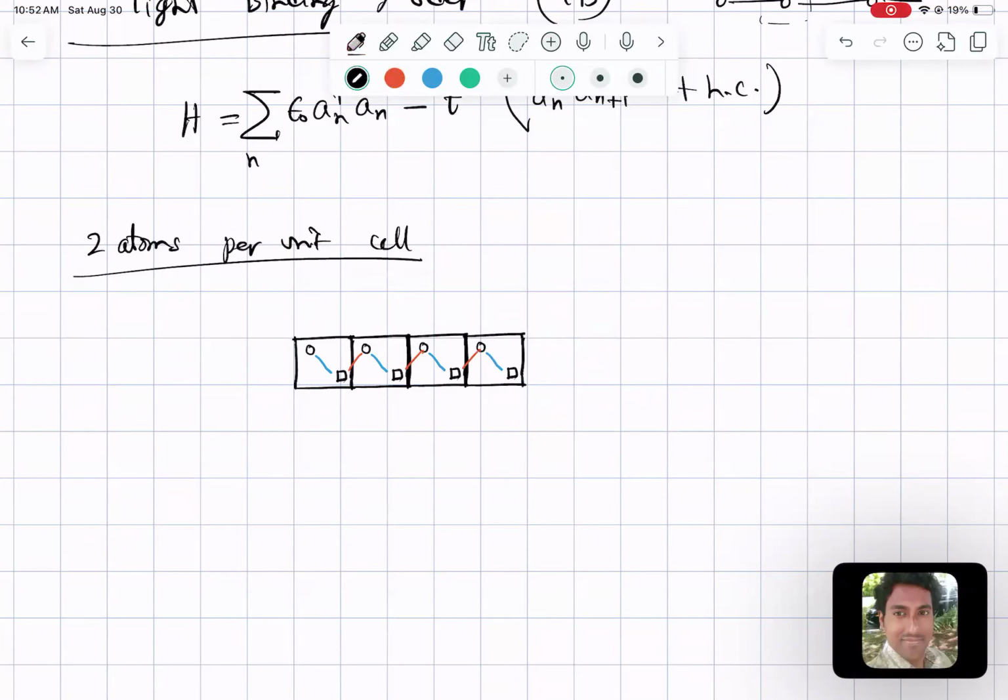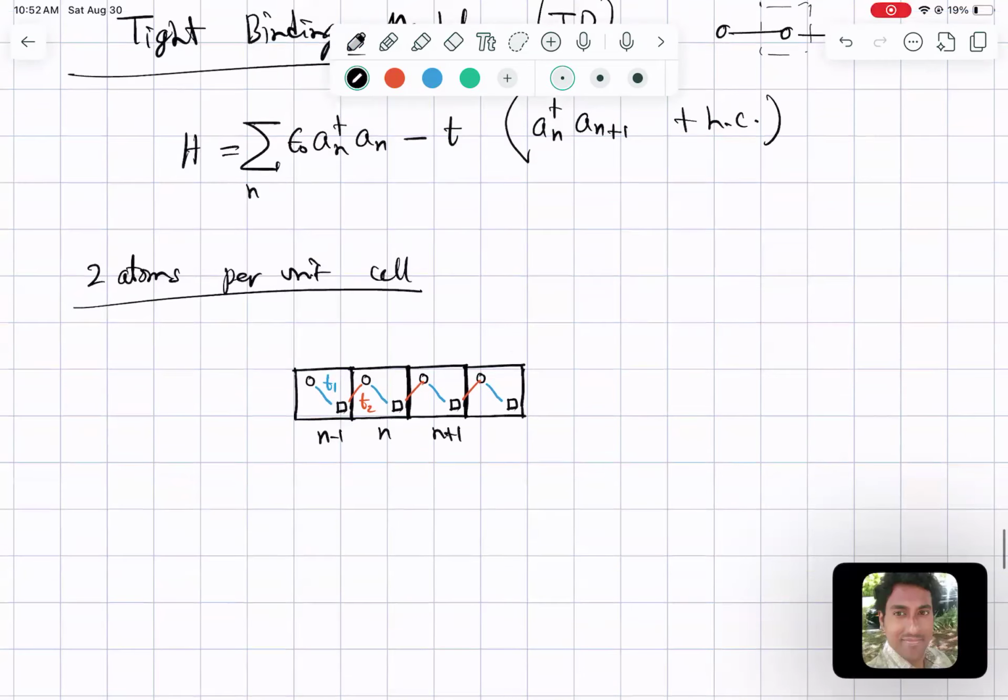So each square is a unit cell, and in each unit cell we have two atoms, right? This is the n minus 1, this is the n plus 1 cell, and we can say they have different or the same interaction. So let's call it T2 and this one T1. Okay, T1 and T2, two different interaction strengths.